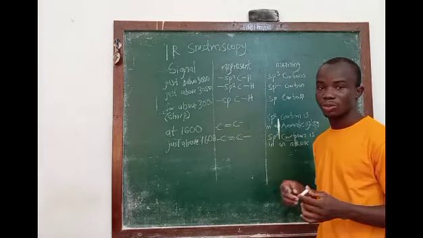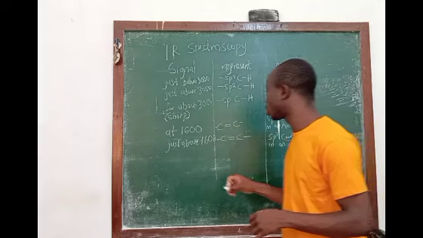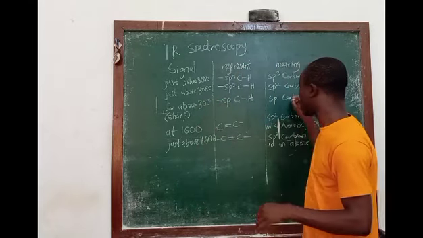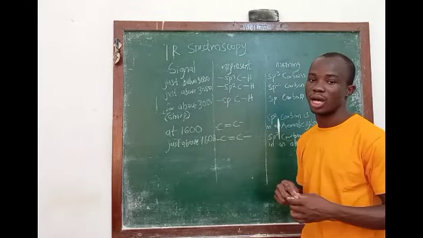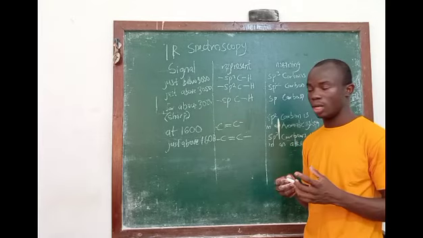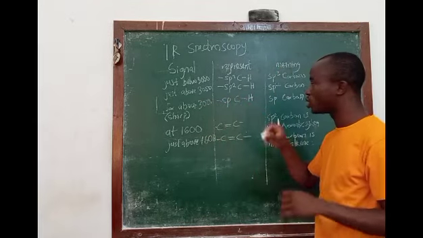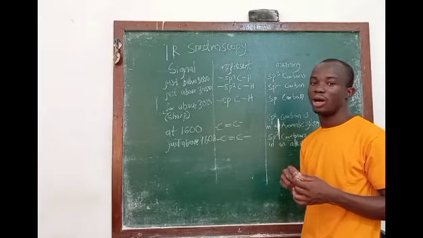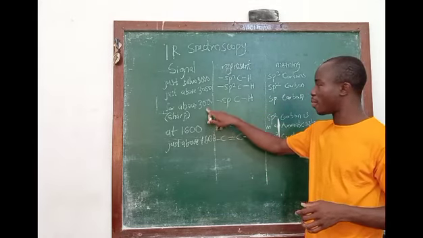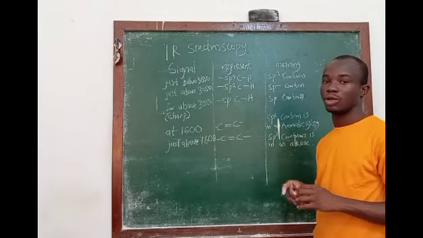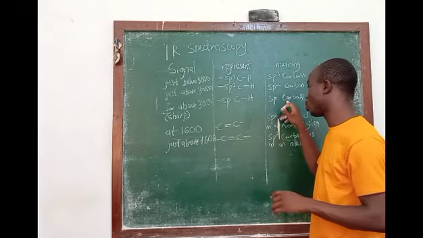Now, the next one I want to talk about is the sp carbon, that is your carbons that always have your triple bond. There's also a way for you to confirm if you're having a sharp signal far above 3000. There's always a signal you can check out for to confirm this.